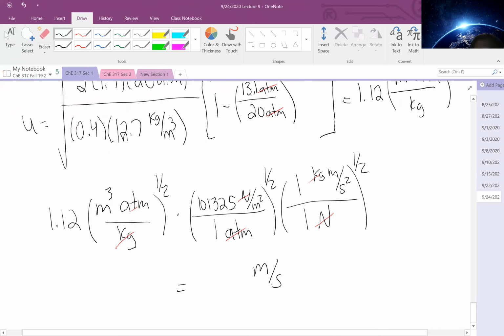So we have to multiply our value, 1.12, by the square root of 101,325, and we should get a value around 356 meters per second.